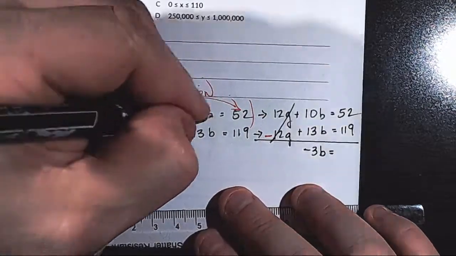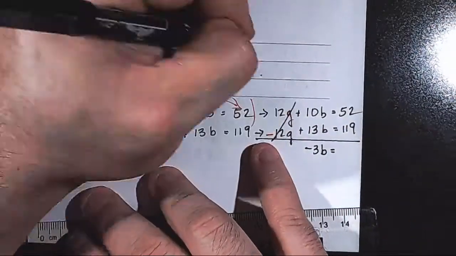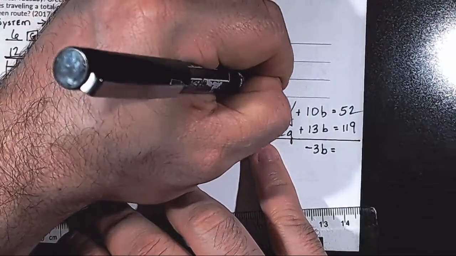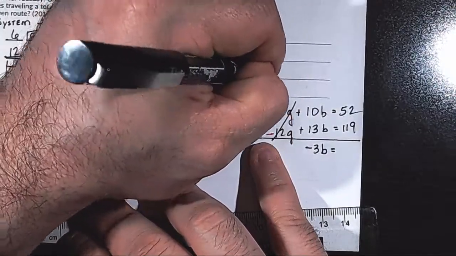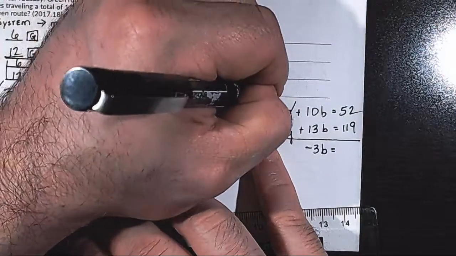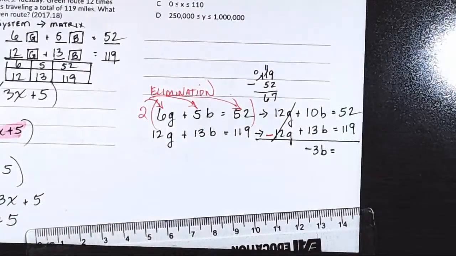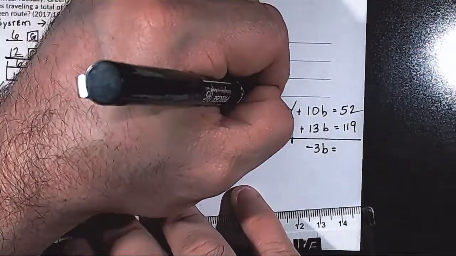If I was going to do that by hand, it would be 119 minus 52, which is 67. Just want to make sure I still remember how to subtract. Yep, negative 67.